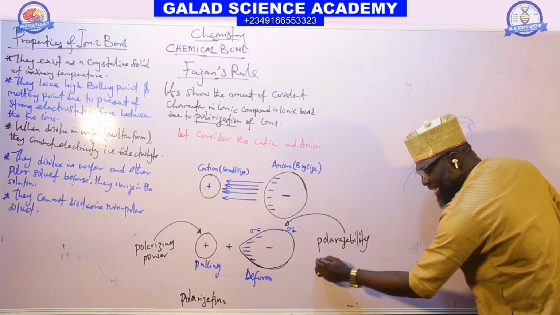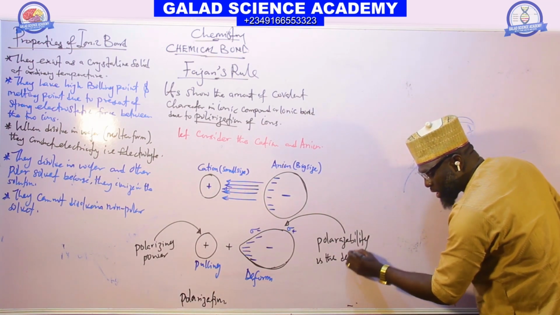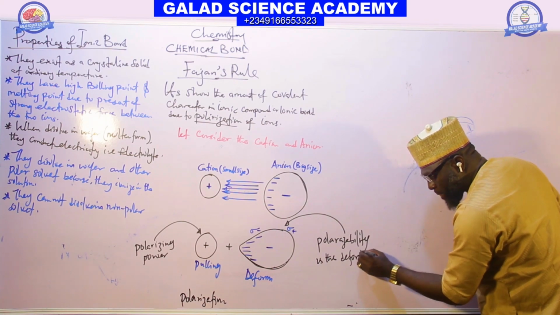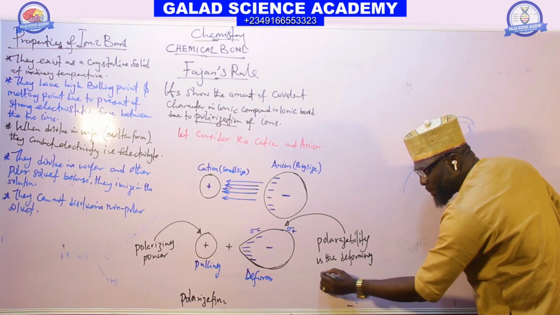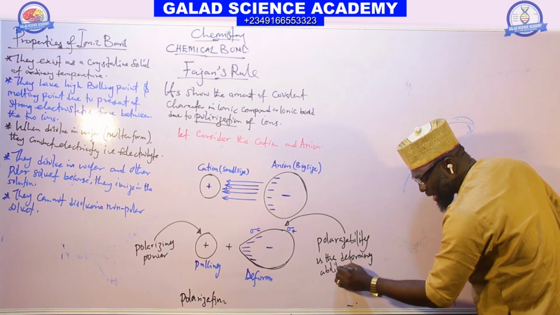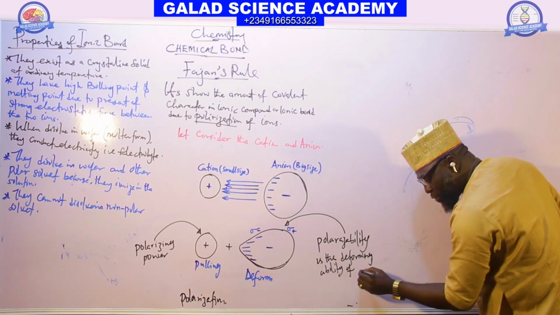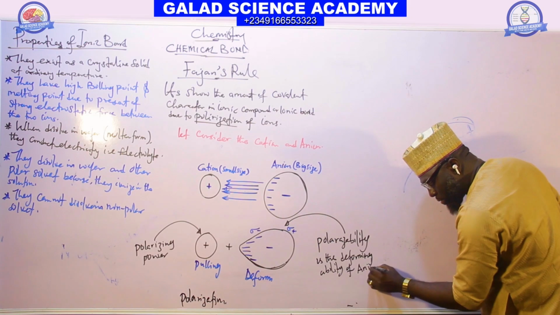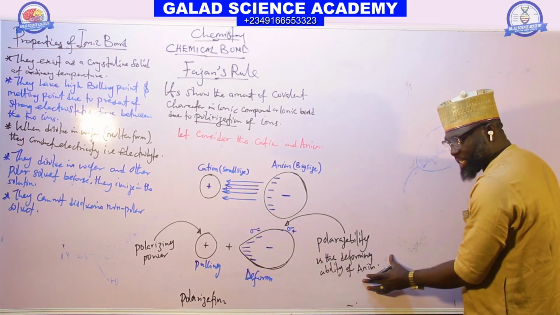So the deforming ability of the anion is polarizability.